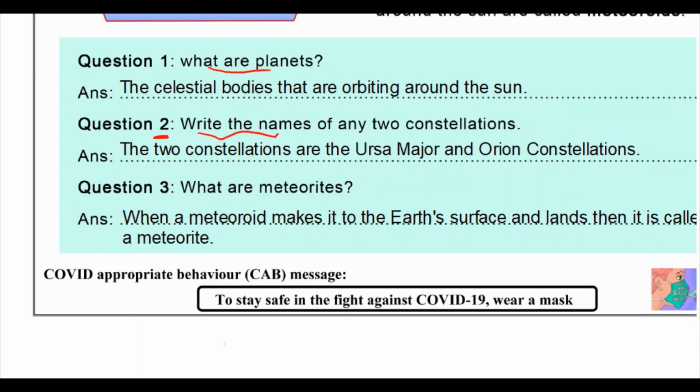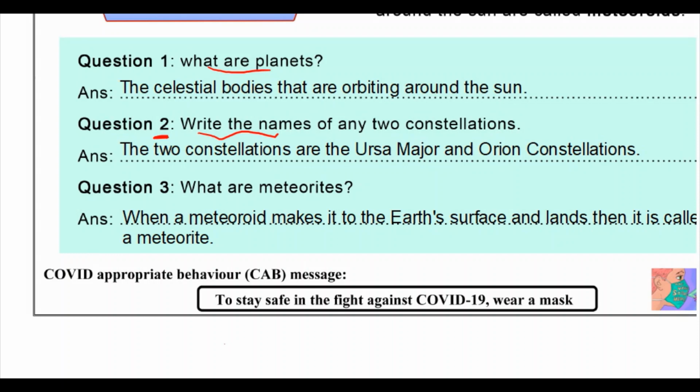So the two constellations are the Ursa Major and the Orion constellations. As you know, the Ursa Major makes the shape of a big bear, and this Orion constellation is what? It forms the shape of a man who is a warrior.